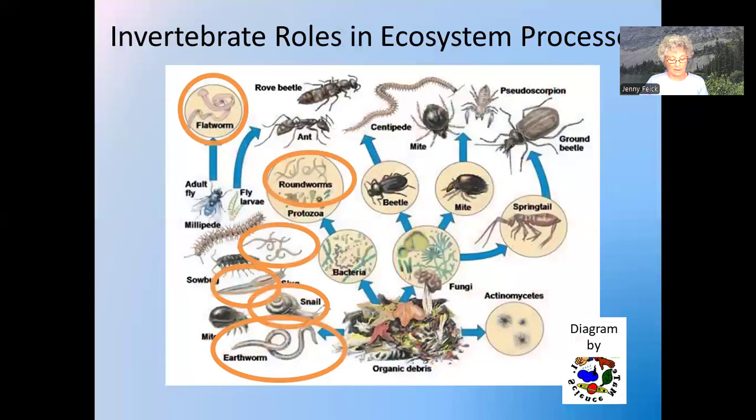Like other invertebrates, worms and mollusks play key roles in terrestrial ecosystem processes, particularly in the physical, chemical, and biological processes that link organisms and their environment. These include food web dynamics.